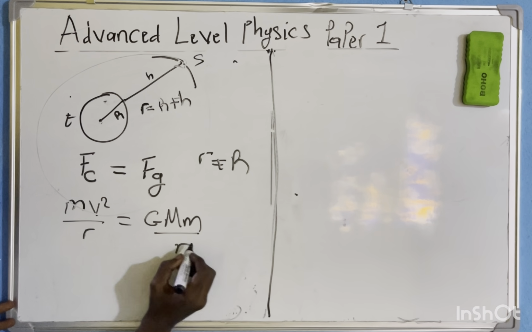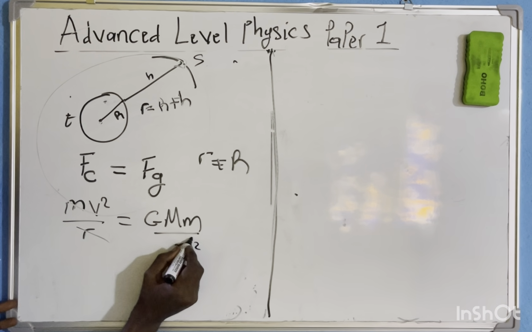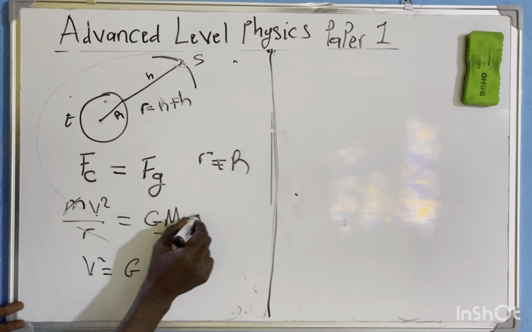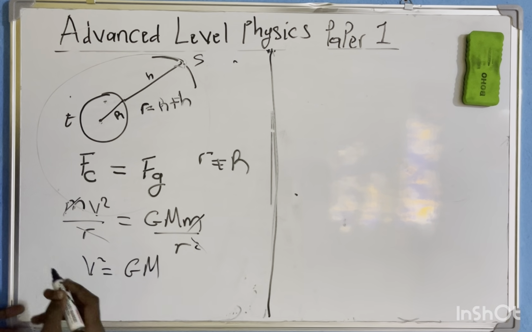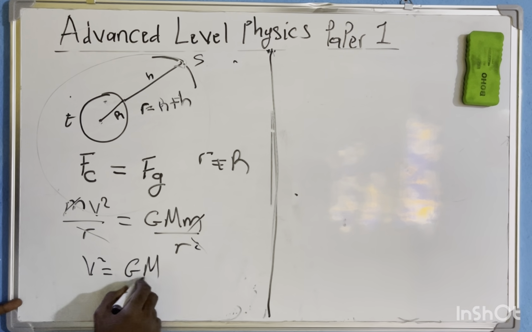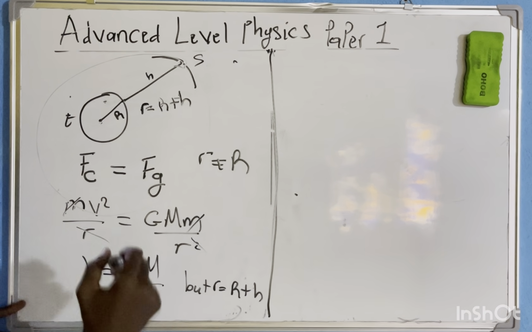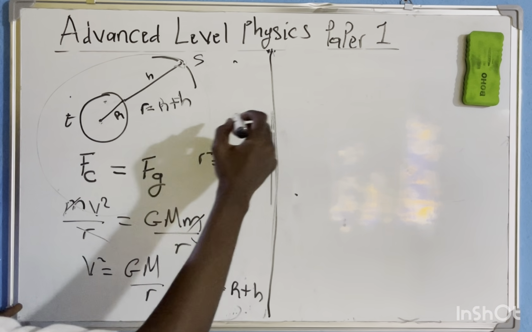So here, we cancel r one time, and I will have v square simply equals GM over r. The mass of the satellite also cancels, it is not important. But I know that the radius of the satellite's orbit is the same as R plus the height above the surface of the Earth.